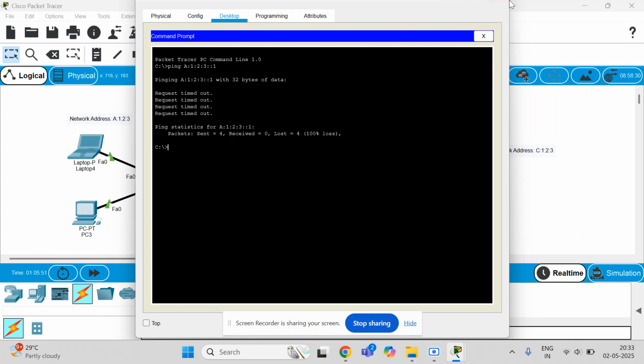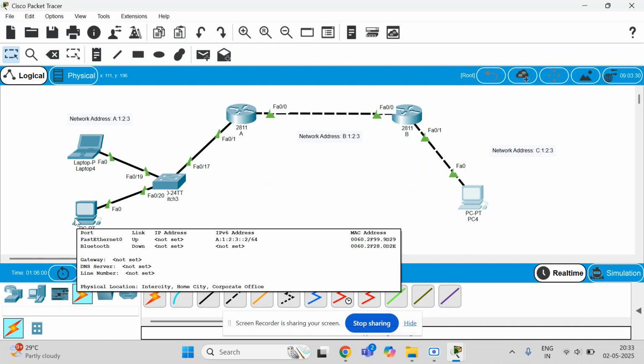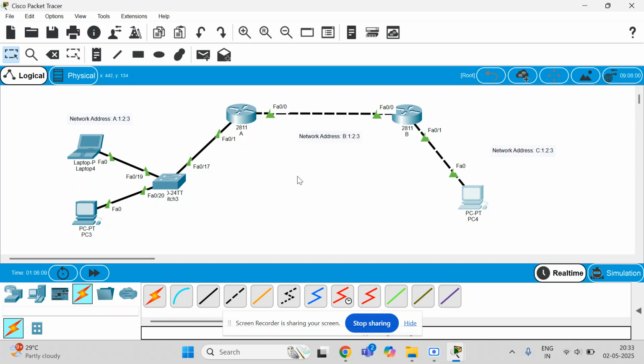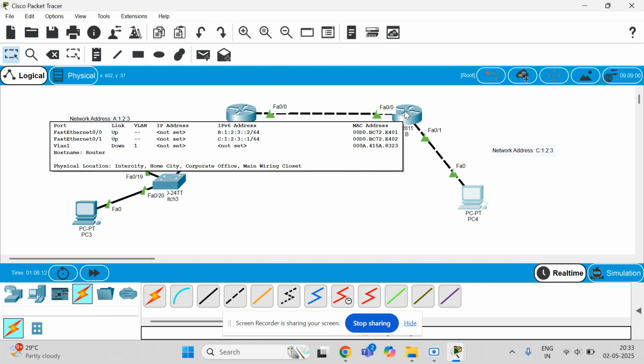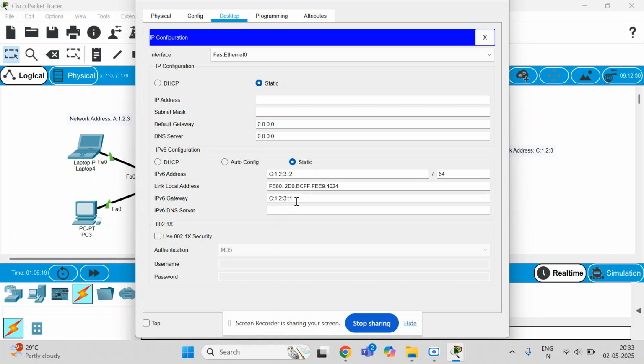We will just troubleshoot it again. IPs are correct. 1 colon 2 colon 3 colon 1, 3 2 64 is there. 1 2 3 1, and here is 1 2 3 2. C 1 2 3 1, and 1 2 3 1 acts as a gateway also for this machine. 2 is the IP of this machine.